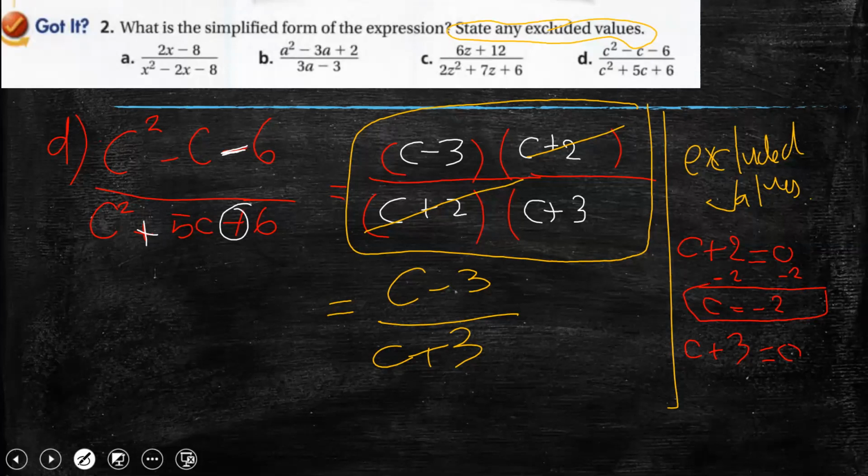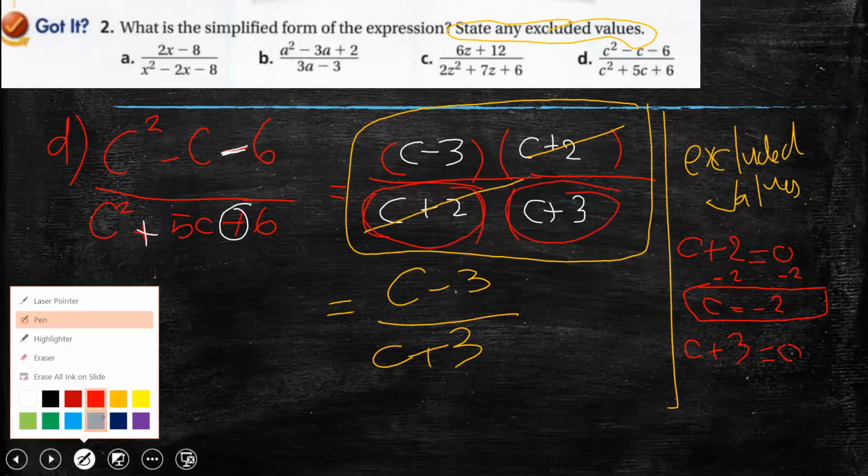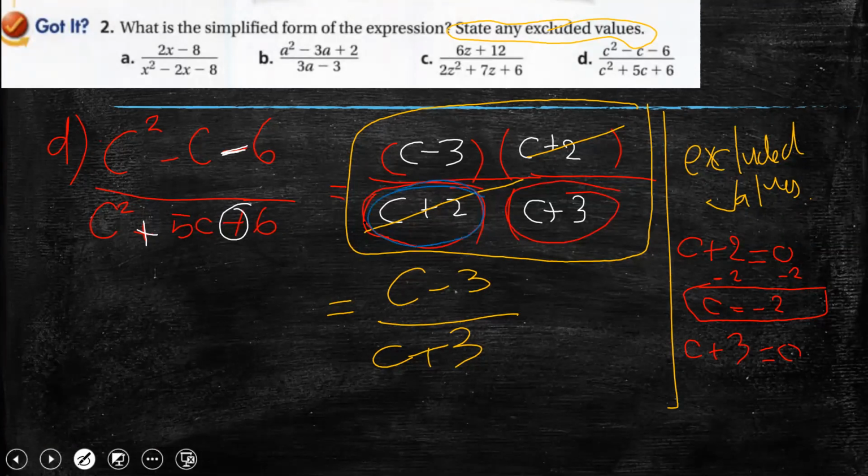Teacher, there is no C plus 2. No, miss, here, look at the denominator. Here and here. Oh, okay. To find the excluded value, you have to look at the denominator and find the zeros of the denominator.